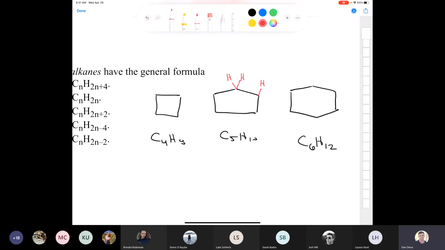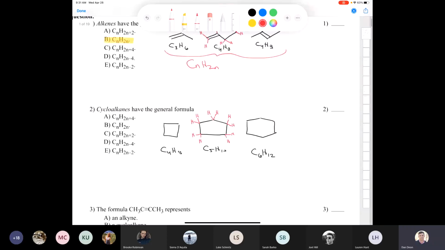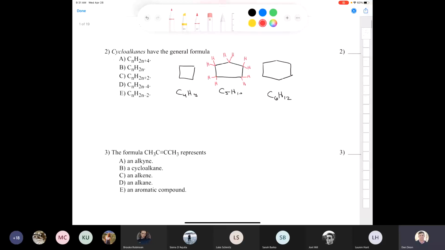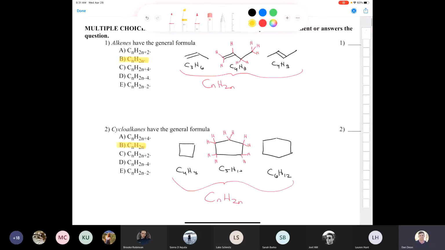So we have 1, 2, 3, 4, 5, 6, 7, 8, 9, 10. I'll just do the cyclopentane as an example. So all of these cycloalkanes have the same generic formula, which is also CnH2n, which is B. So you see that whether you have an alkene or a cycloalkane, the double bond or a ring counts as 1 unit of unsaturation and leads to the same general formula in both cases.